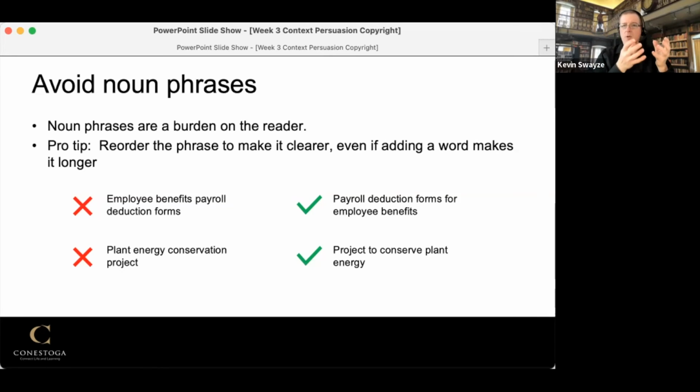We know that we're talking about a project that conserves energy in the plant, meaning the factory. In this case, I would even potentially write that to make it even easier to read: project to conserve energy in the plant. It's more words, but it helps clarify what the understanding is.